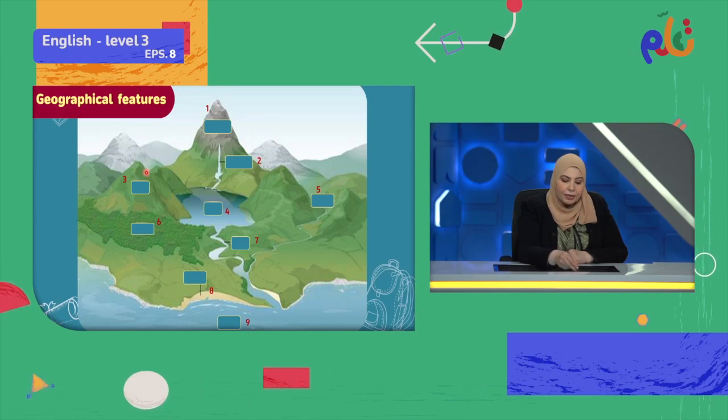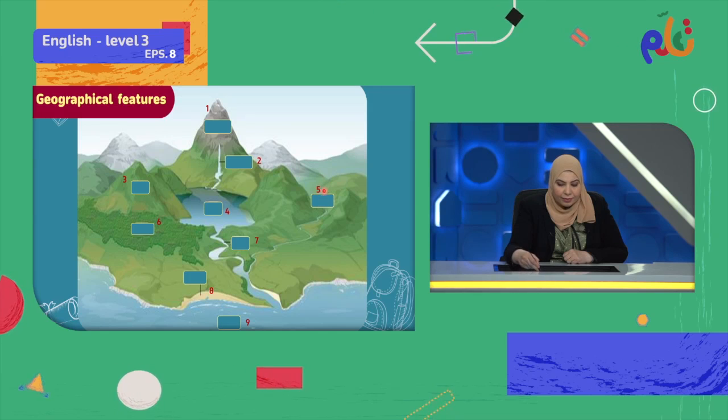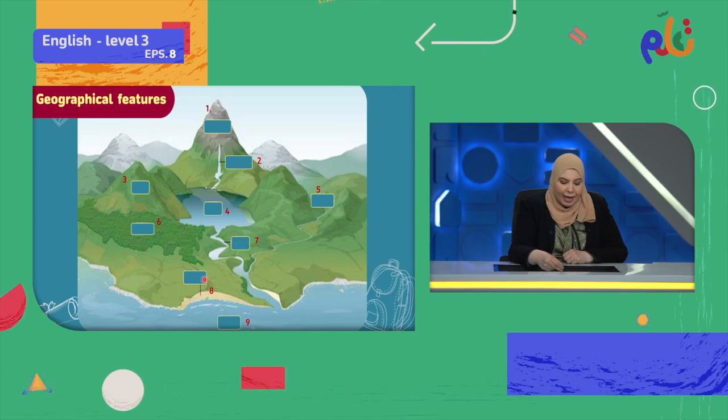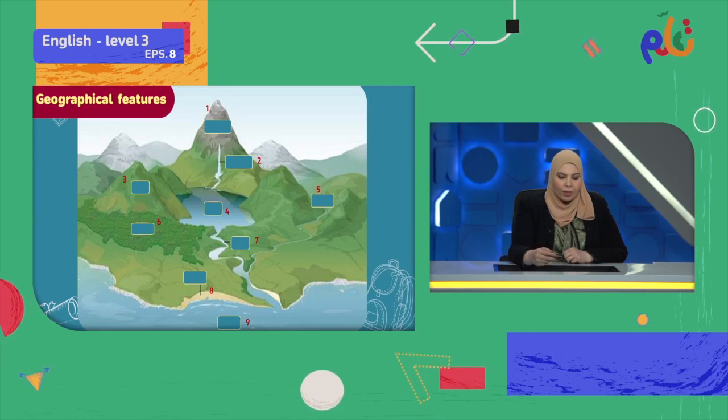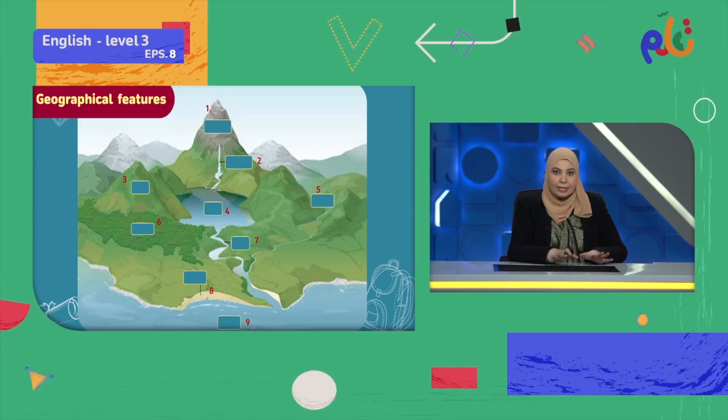Number 3. Number 4. Number 5. 6. 7. 8 and 9. Each and every number is representing a geographical feature on this map.